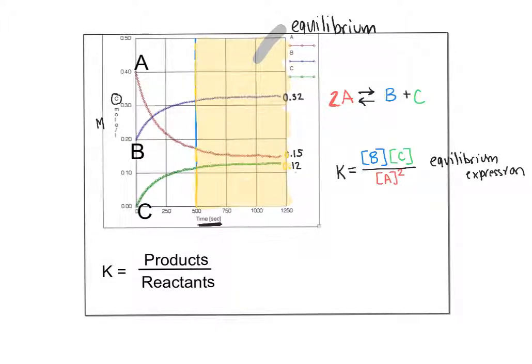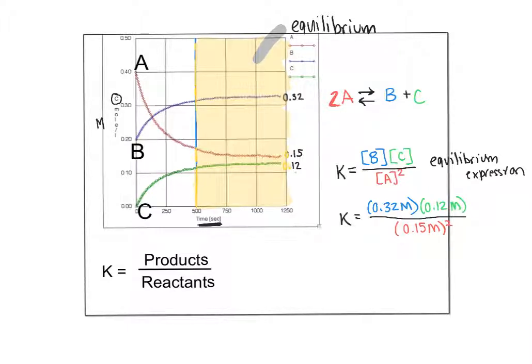I can actually plug in concentrations at equilibrium, and I wrote those in for us, but it's whatever the concentration is when the graph is leveled off. So B is 0.32 molar, C is 0.12 molar, divided by A, which is 0.15 molar squared.